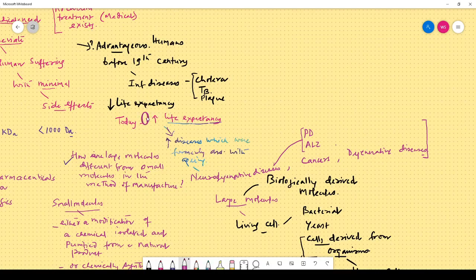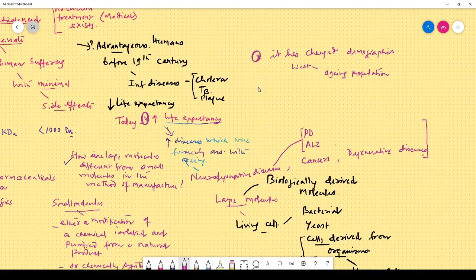The other disadvantage could be it has changed demographics. Okay. So in the West, there is now a predominance of an aging population, which brings its own challenges.